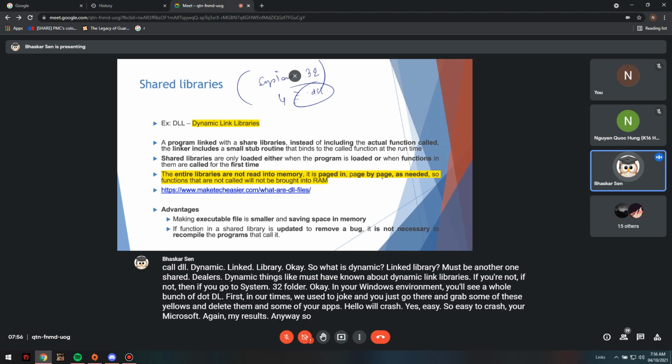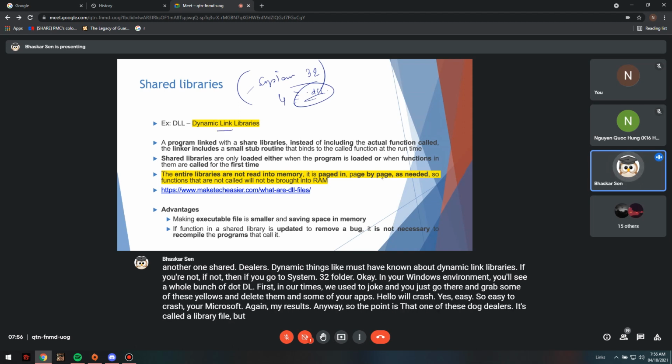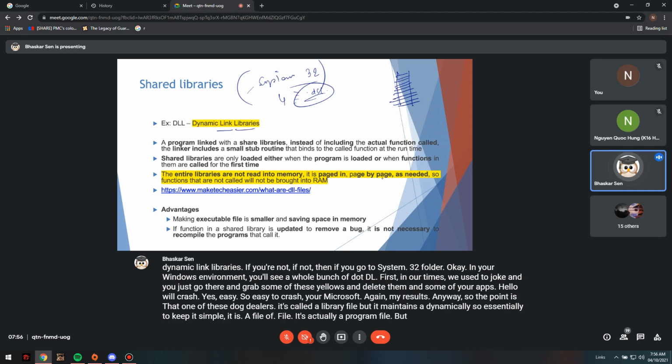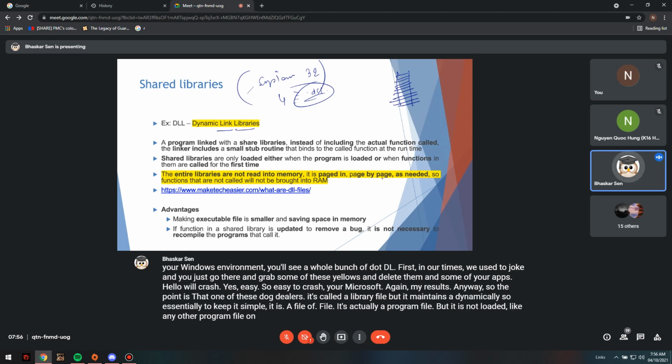So the point is that one of these .dll files is called a library file, but it maintains a dynamic link. So essentially, to keep it simple, it's a file. It's actually a program file, but it is not loaded like any other program file in its entirety on the RAM.